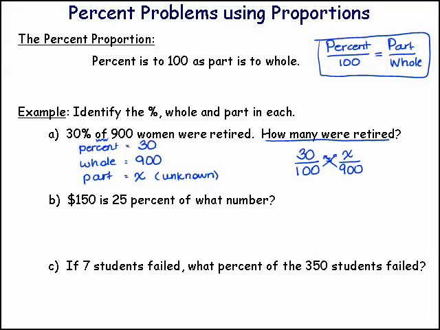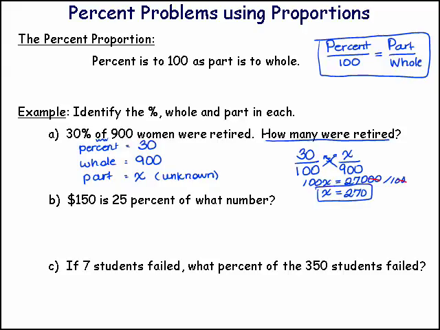You get 100x is equal to 27,000. Now divide by 100. The two zeros cancel with those two zeros, so you get an answer of 270. What this tells you is that 270 of those 900 women were retired, if you wanted 30% of them. That's how you do these types of problems.